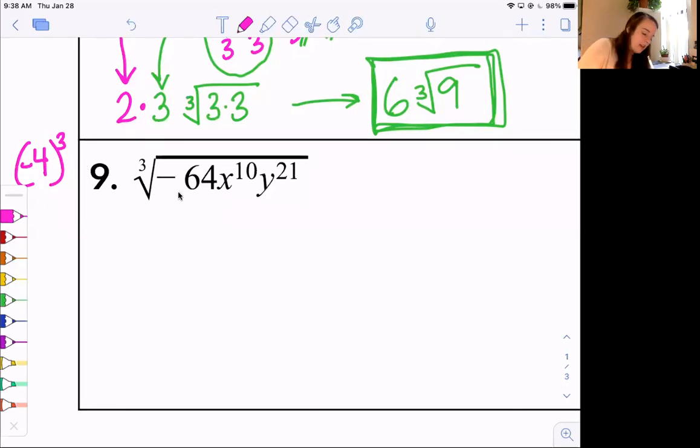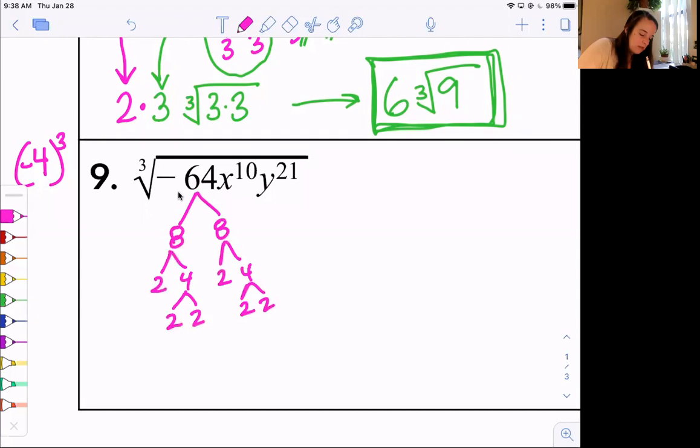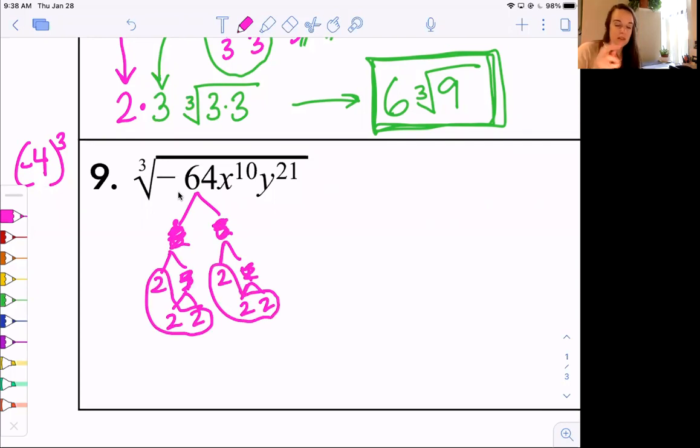So what I can say here is I can break this down normally, like 8 and 8, 2 and 4, 2 and 2, 2 and 4, 2 and 2. The 4s are gone, the 8s are gone. So I have a group of 3 here, a group of 3 here, 3 of a kind in 2 places. So I have a 2 on the outside, and I have another 2 on the outside. That's going to be that 4. If you feel comfortable with the cube root of 64, you could just jump to say, okay, the cube root of 64 is 4.